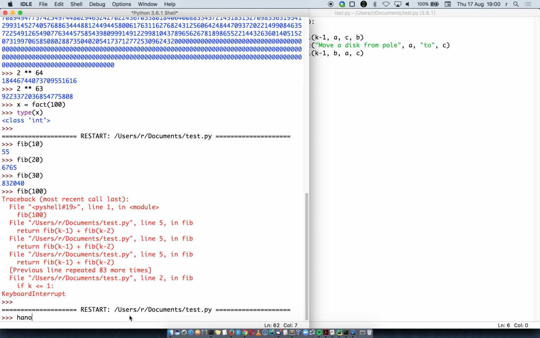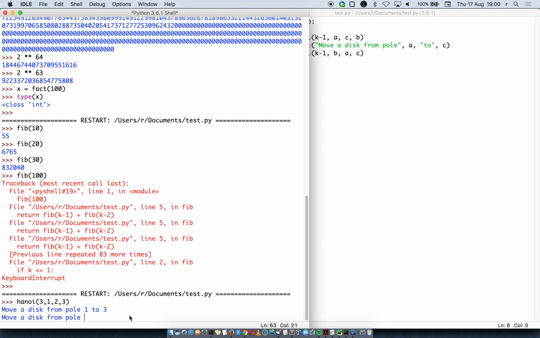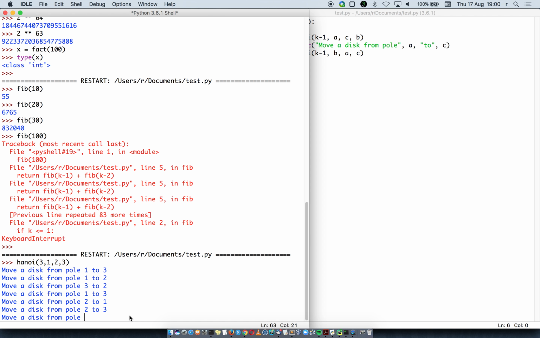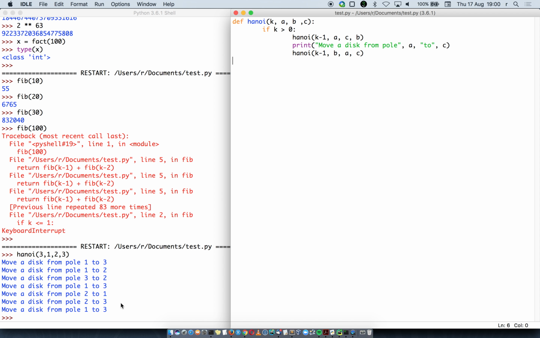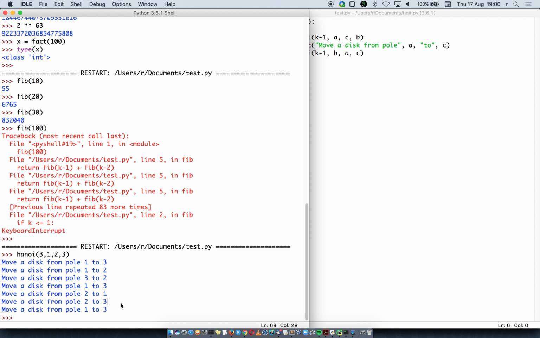So Hanoi: let's say we want to move 3 disks initially from 1, using 2 as an auxiliary, and 3 is the final one, the destination. For some reason it's very slow. It might be because of the video recording that it suddenly became very slow. Let's try it for a size of 4.